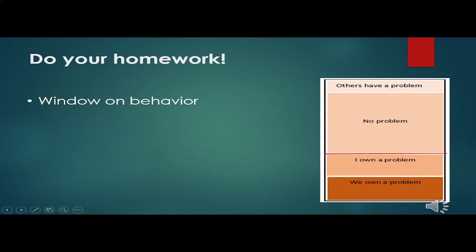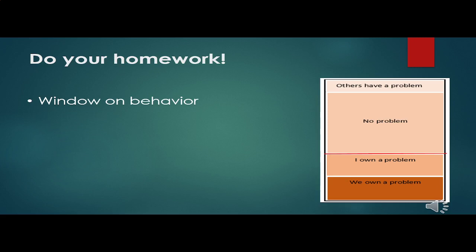If a behavior falls above the line in the acceptable area, then I don't need to interfere because it's someone else's problem. What I can do in this situation is use my communication skills and help the other party to solve his problem.